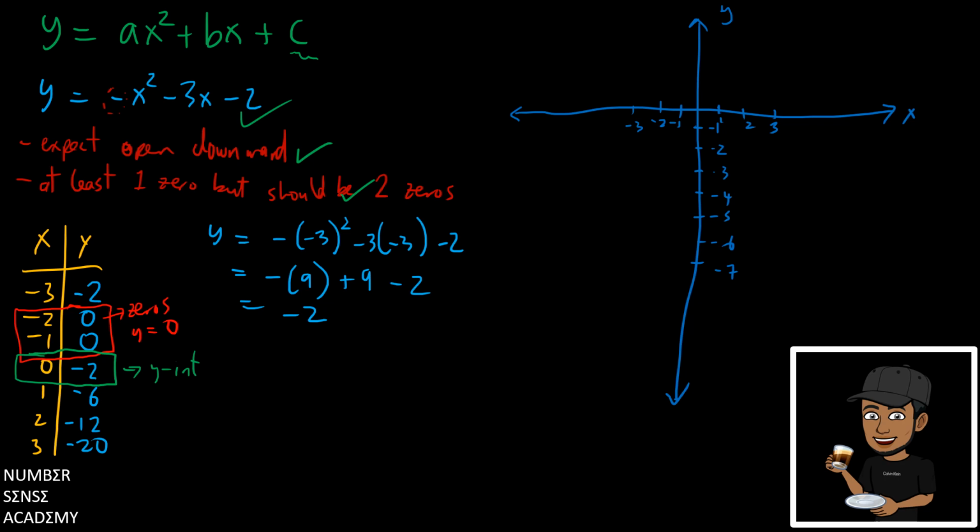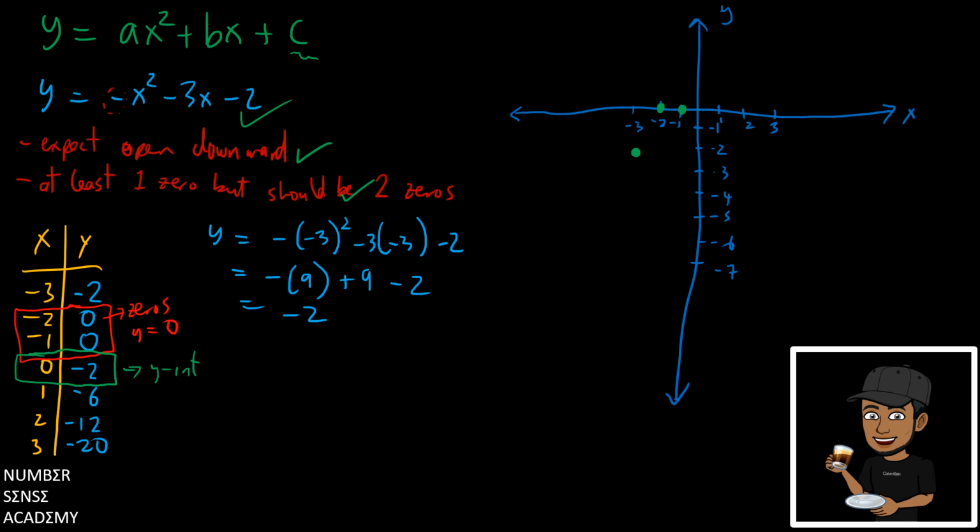So let's graph it. I know I have a y-intercept. So -3, -2 is here. Then I have -2, 0. Then -1, 0.